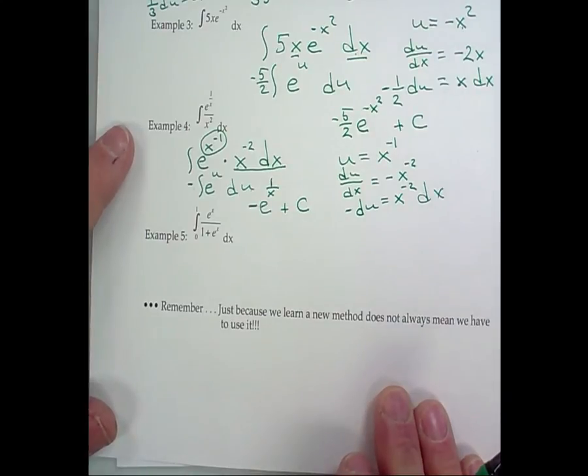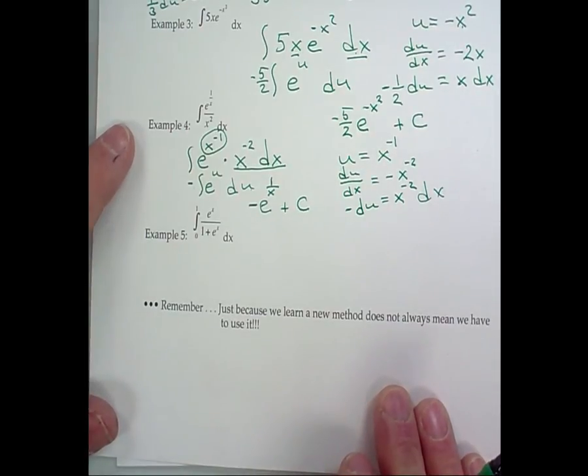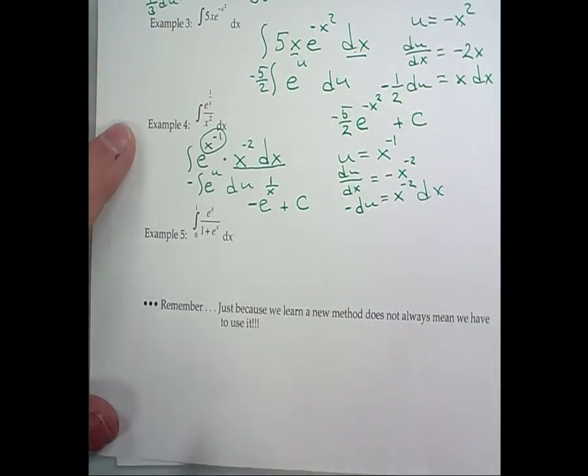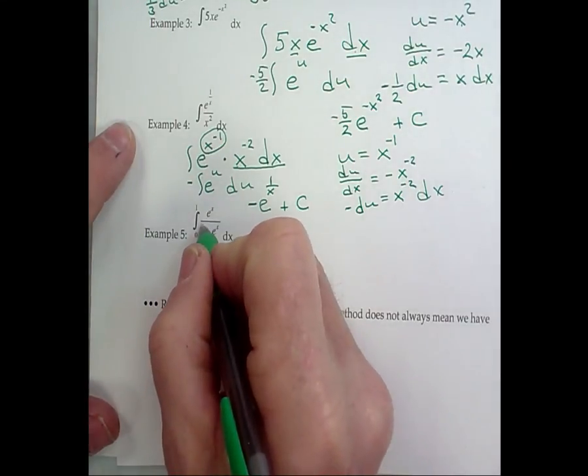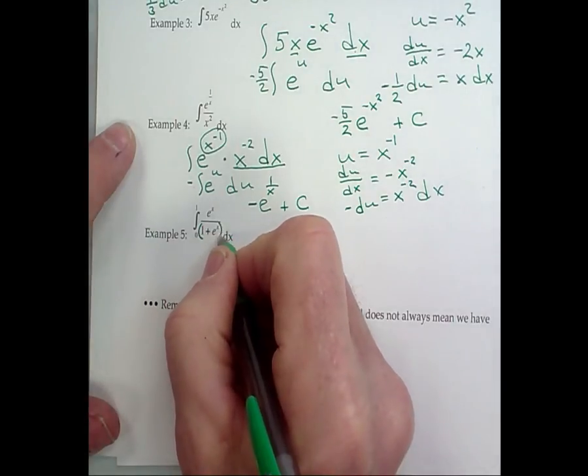Ooh, ooh, ooh. A tough one. Okay, Sophia, first of all, there's no plus c, correct? Okay, and I'm going to do this.